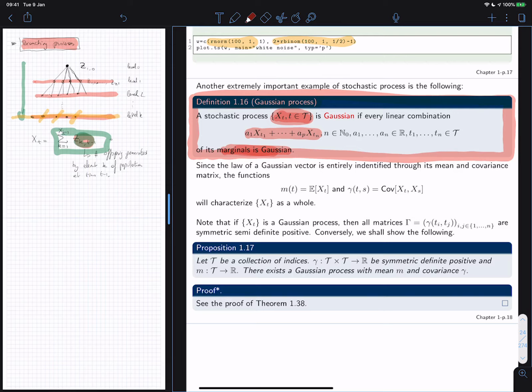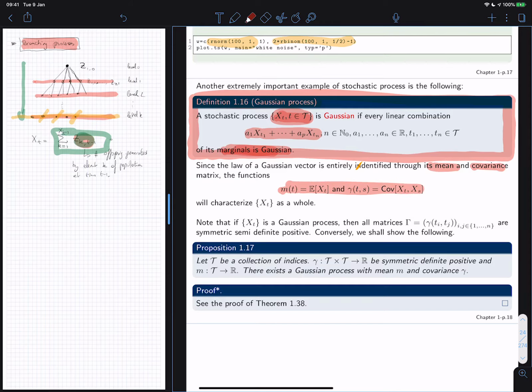Now, since the law of a Gaussian vector, and therefore a Gaussian process, is entirely identified through its mean and covariance. I see there's a typo here. One way of characterizing a Gaussian vector is to define the mean, but it's not a mean anymore, it's a mean function.